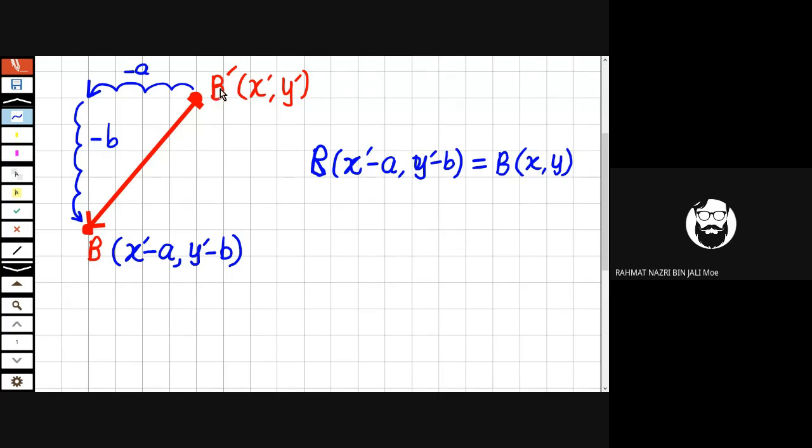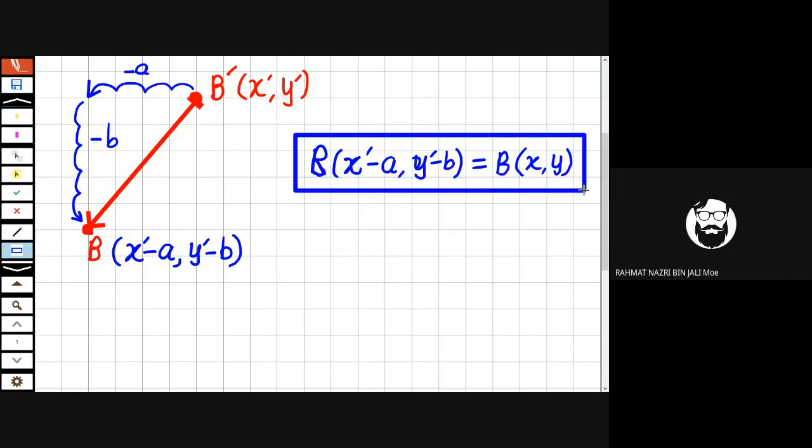Sekarang daripada image to the object we minus. We minus from the coordinates of image.